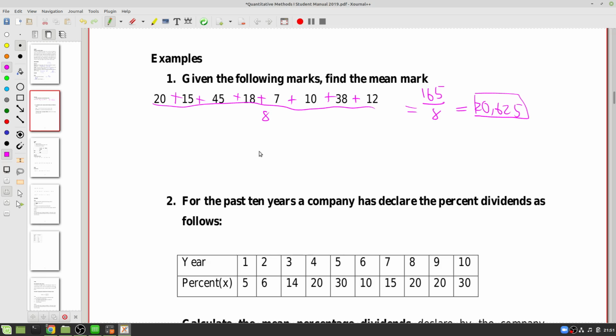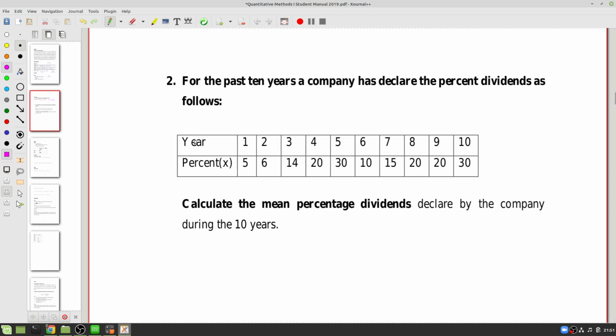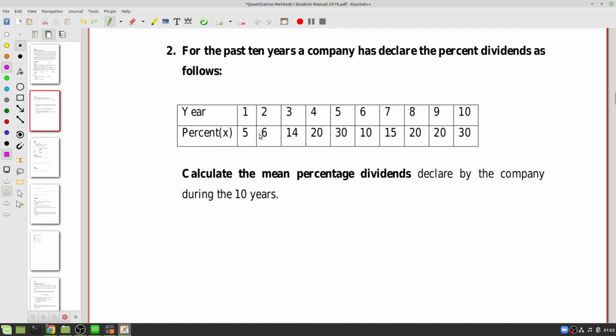Good. Second question. For the past 10 years, a company has declared the percent dividends as follows. In year 1 it was 5%, year 2 6%, etc. So calculate the mean. This is just 10 numbers and we have to find their average, or their mean.